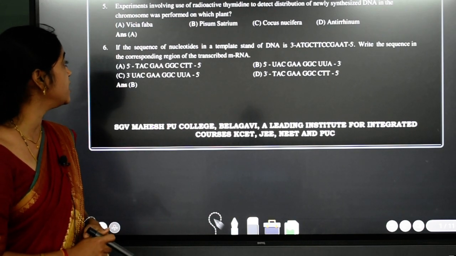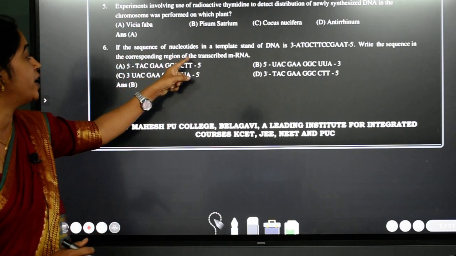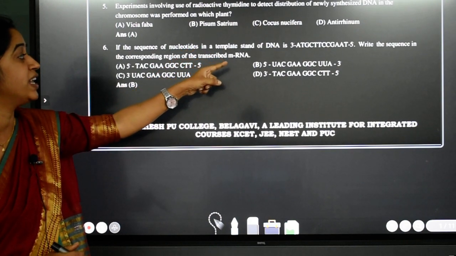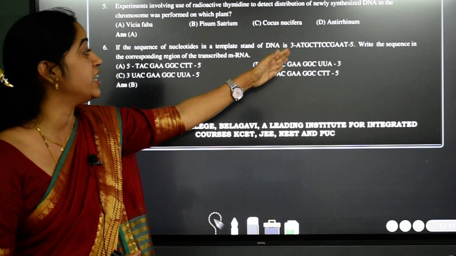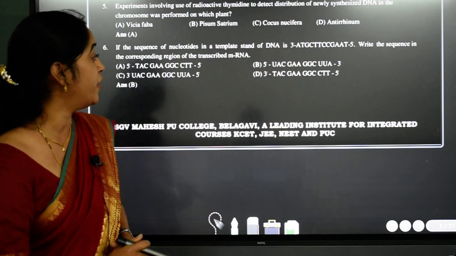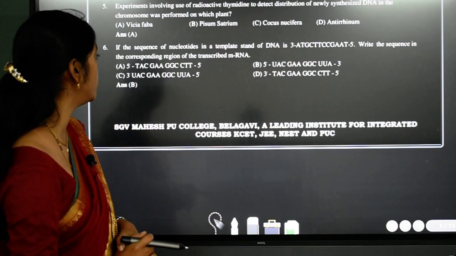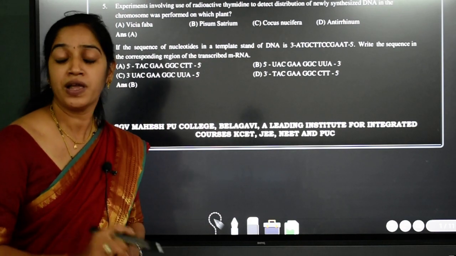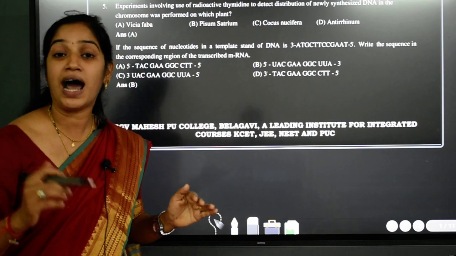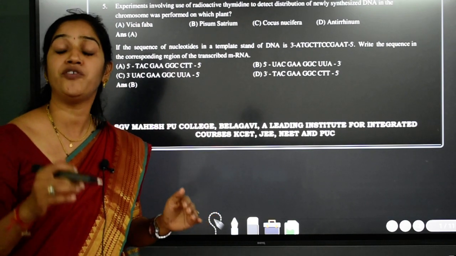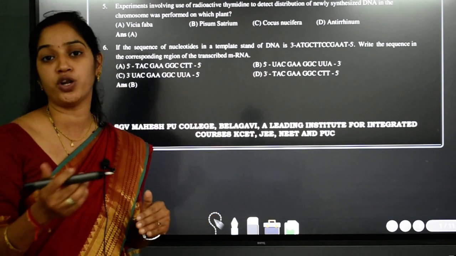Next one, sixth question. If the sequence of nucleotides in a template strand of the DNA is 3' ATG CTT CCG AAT 5', write the sequence in the corresponding region of the transcribed messenger RNA. Student, please remember that here we are talking about transcription, RNA synthesis. So here we don't have thymine; instead of thymine we have uracil.